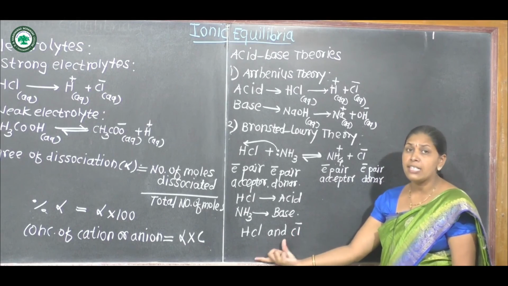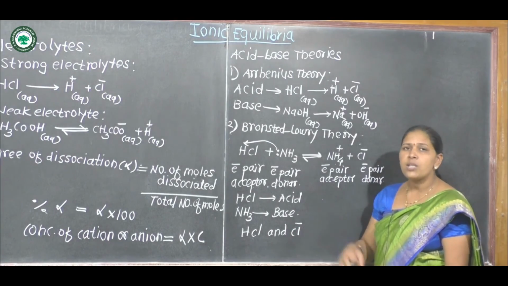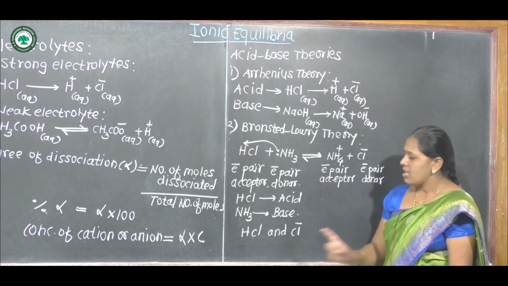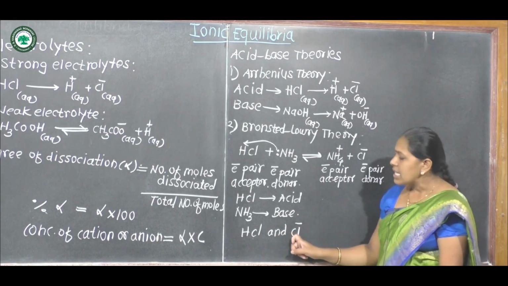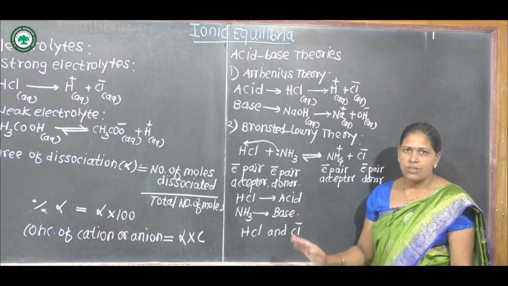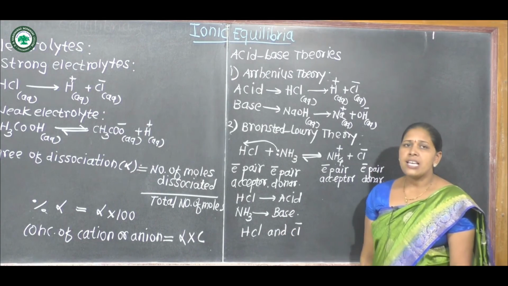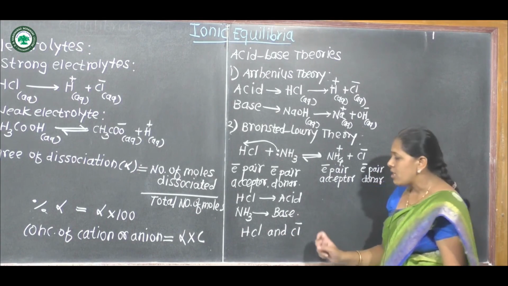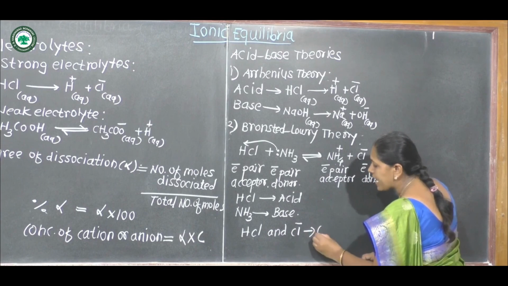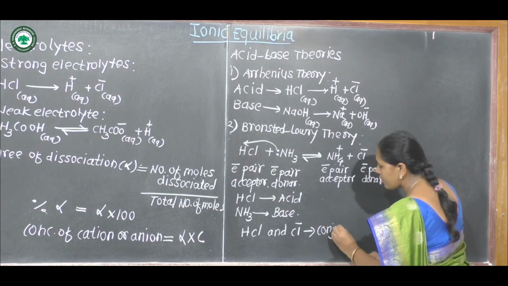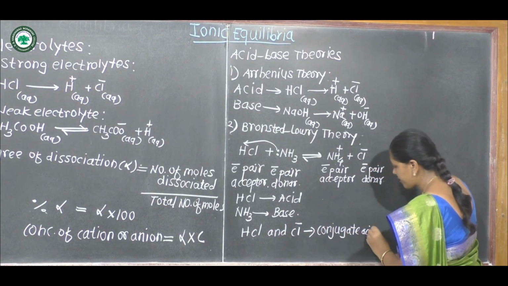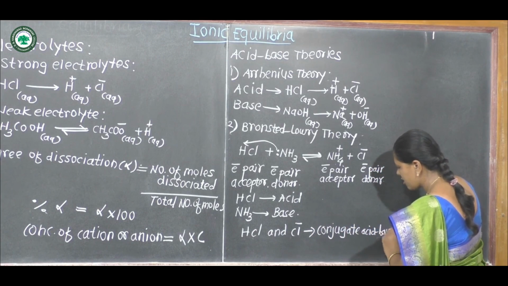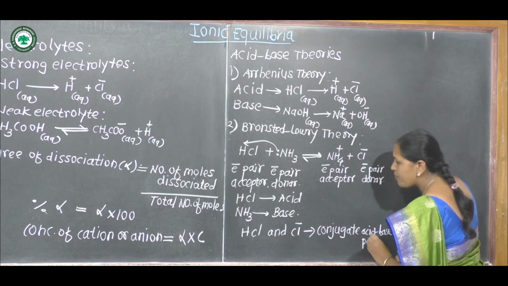Therefore, it is an acid base pair which differs by only one proton. Because in HCl there is one hydrogen, in Cl minus there is no hydrogen. Therefore, these 2 species differ by only one proton, so it is a conjugate acid base pair.